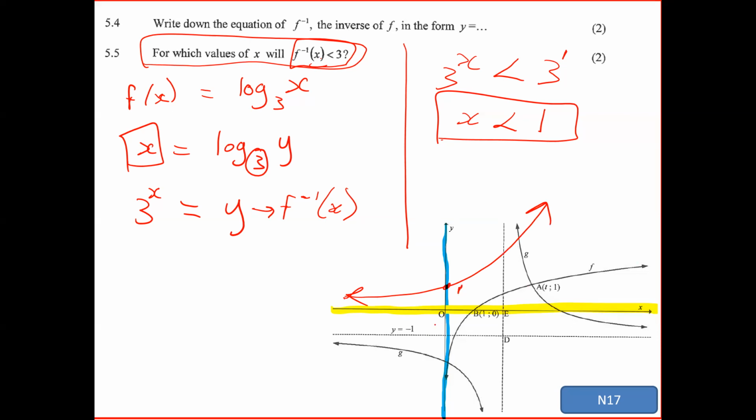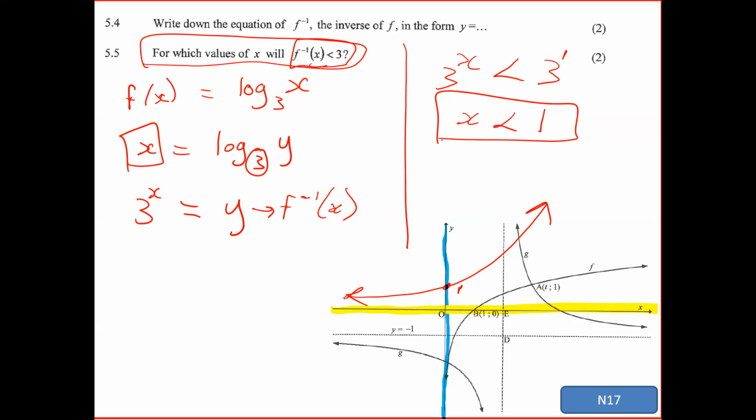So we are now saying x is less than 1. Now look on the x-axis, there's no asymptote stopping that. We are bounded by the x-axis, which is no restriction. So that means we will accept our answer, x is less than 1.